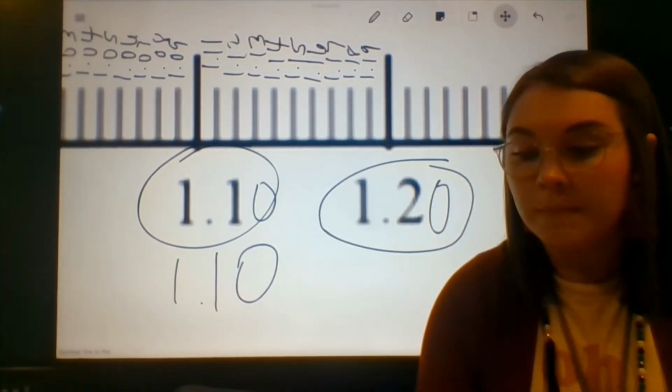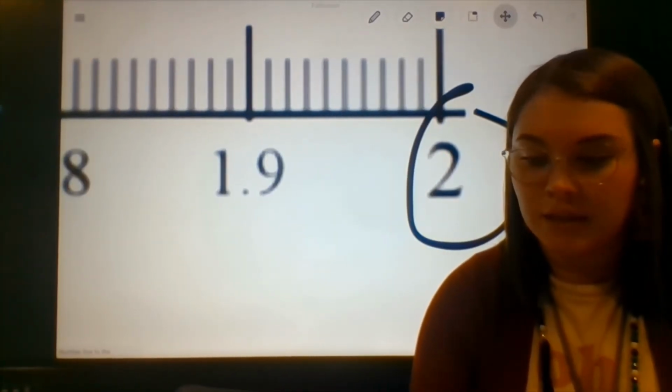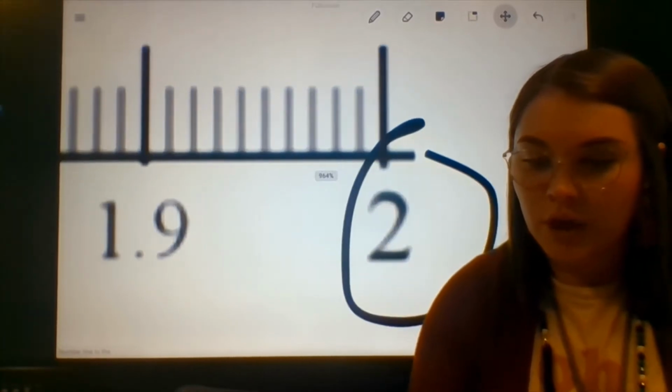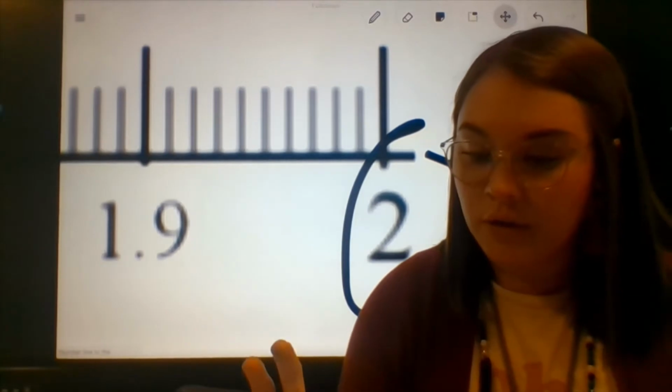So let's move over. I want to go to the end because I want you to know how many hundredths are in between two whole numbers.